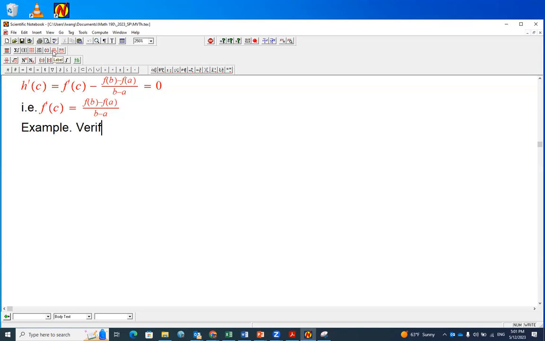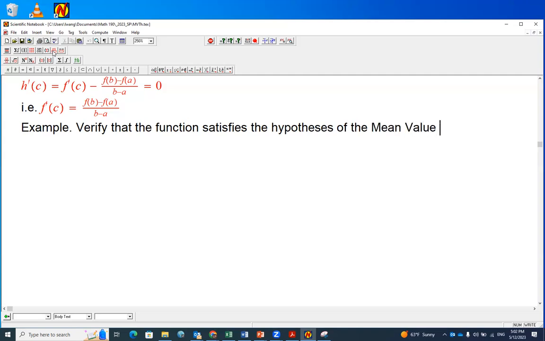Verify that the function satisfies the hypotheses of the mean value theorem on the given interval.